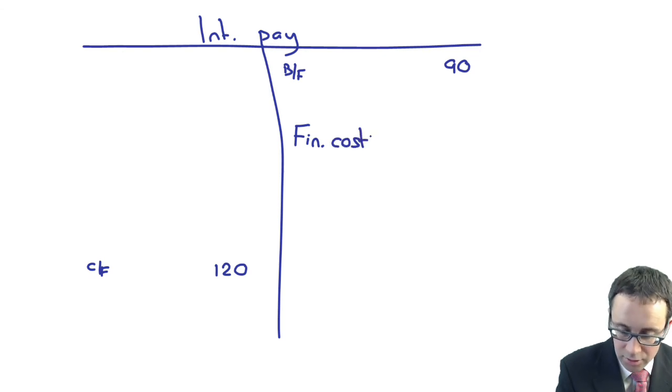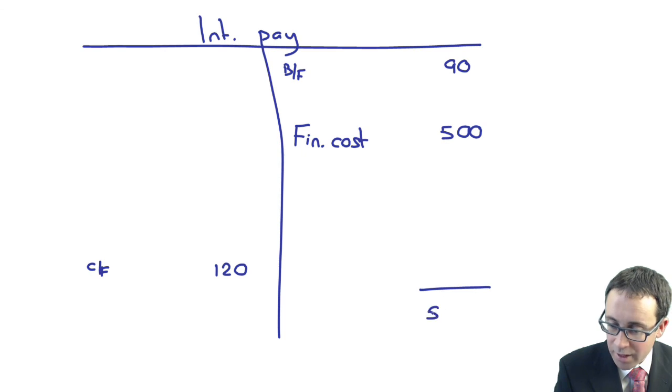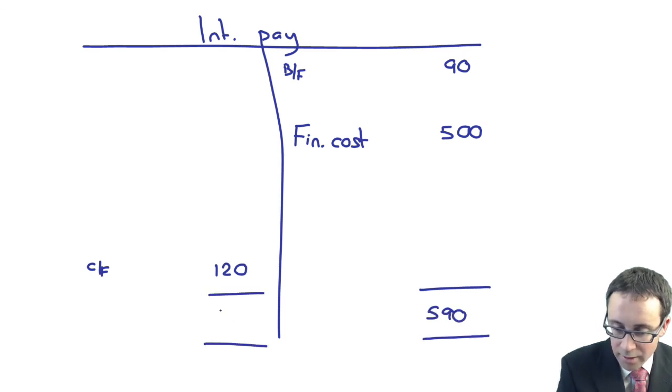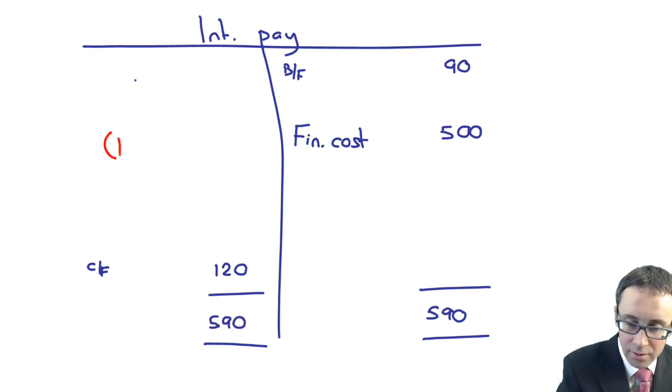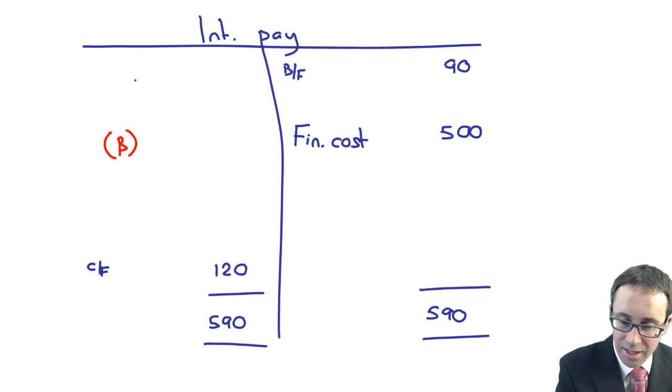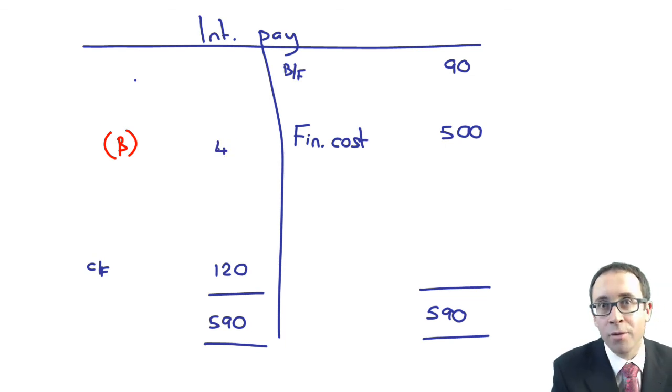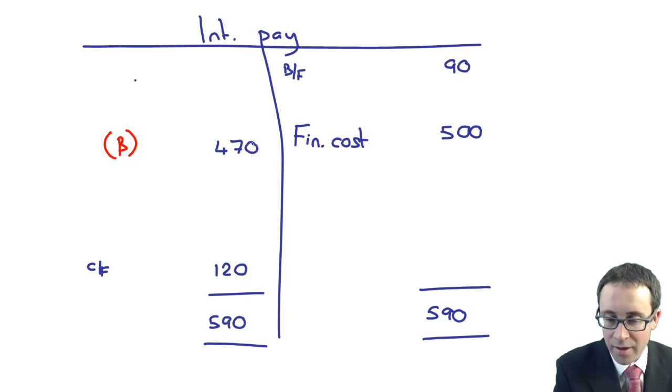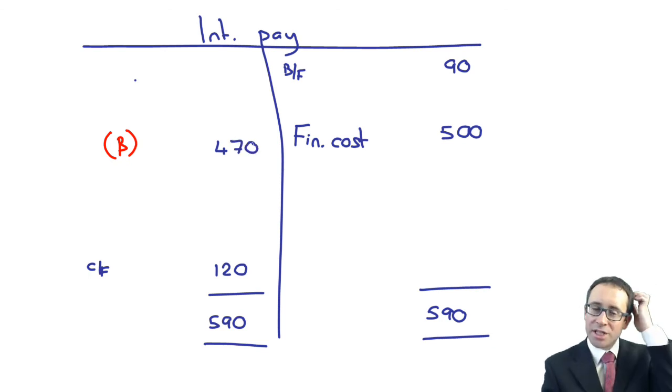The finance cost that you had was there as 500, wasn't it? So when you balance it up, you don't even need to balance it up properly within the exam. You have 590 on the right. You have 590 on the left. Your balancing figure that you have is, I won't even use my calculator, boy oh boy, I'm being brave there, aren't I? That's 470.